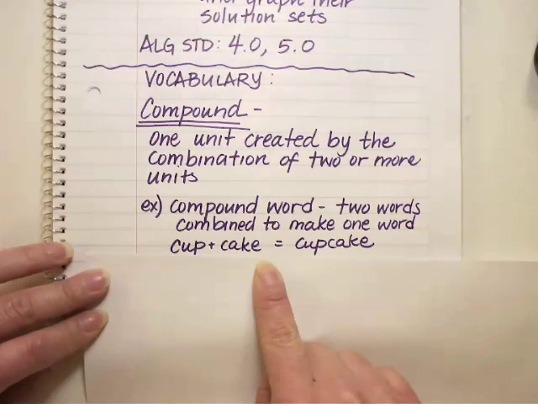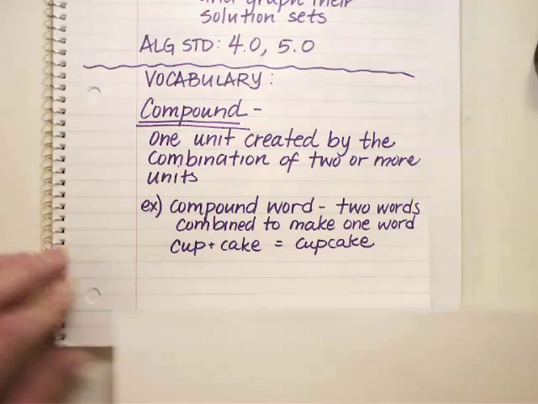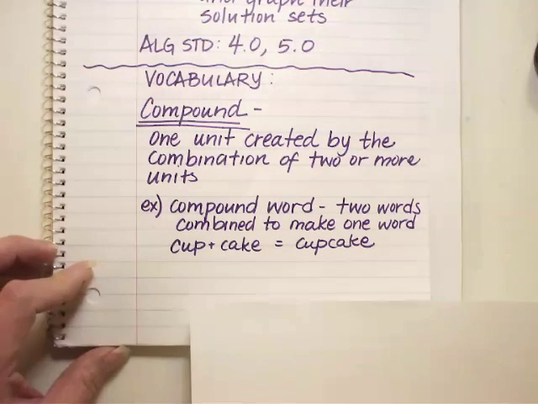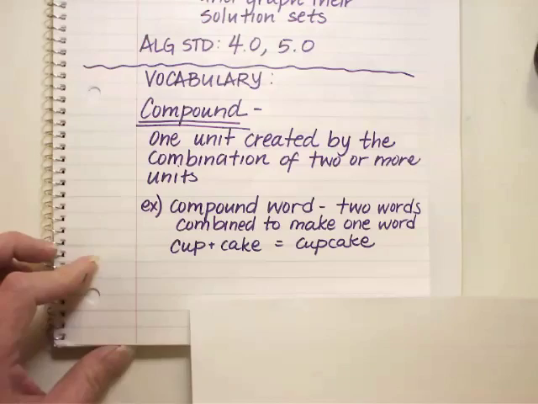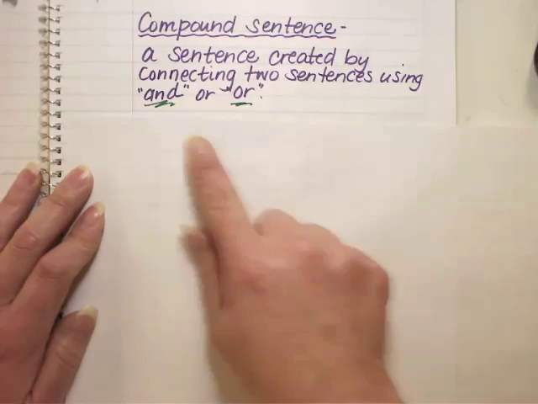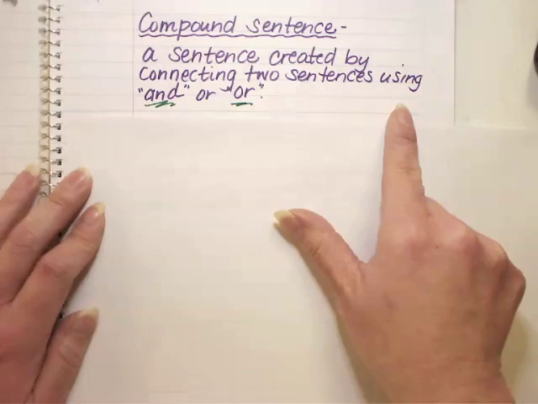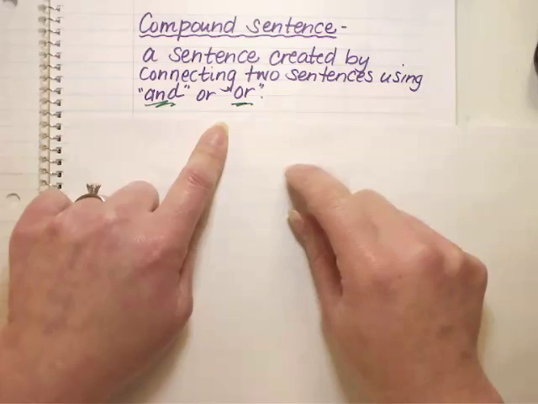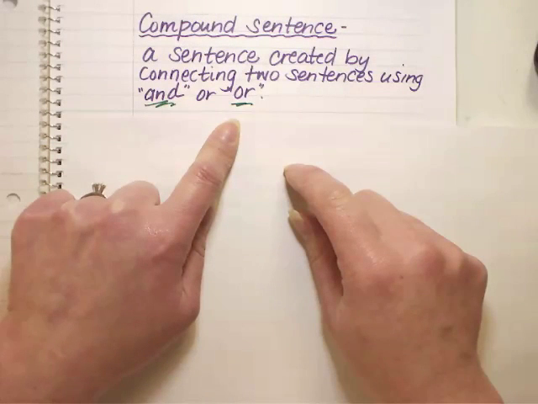Okay? So some other vocabulary terms we need to make sure we are all aware of. Compound sentences, which you're going to be working on. Compound sentences are sentences created by connecting two sentences using the word and or the word or.